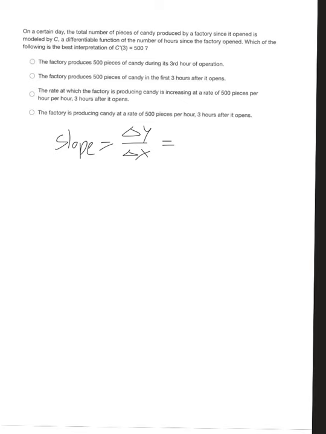In this case, they tell us that the total number of pieces of candy, that's my y, so this is candy, and then the input is the number of hours since the factory opened. So then this is hours. So the meaning of my derivative is just some version of candy per hour.